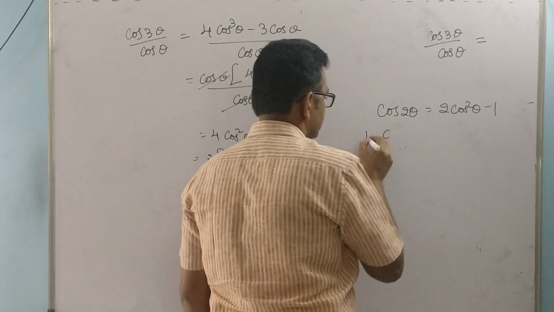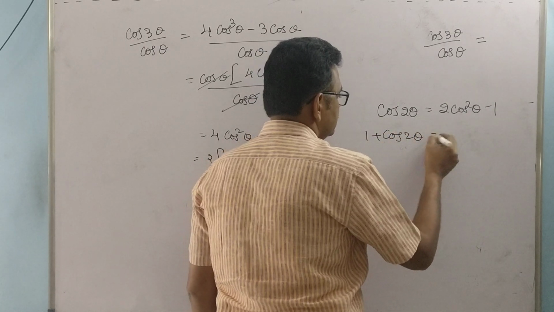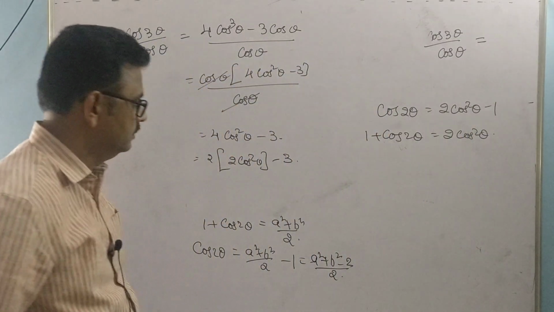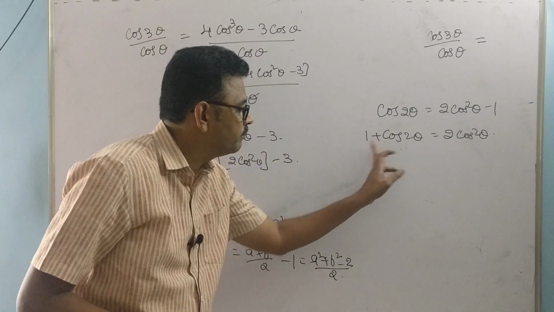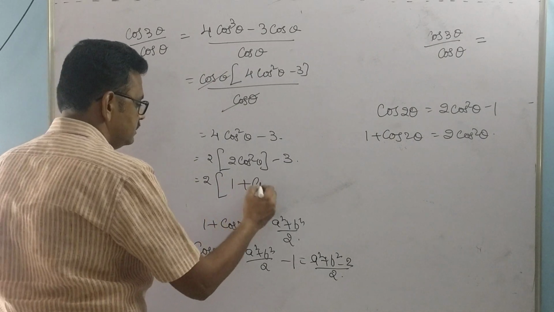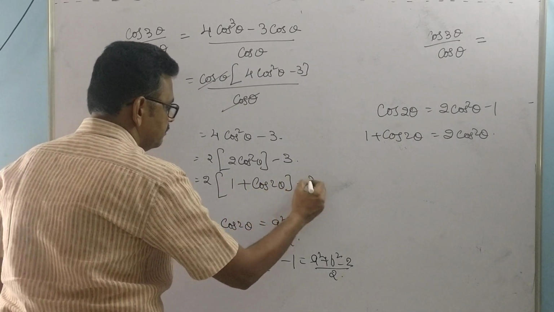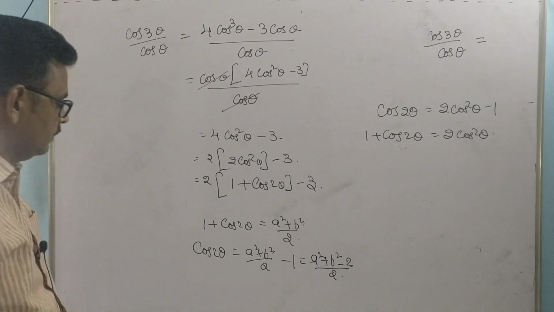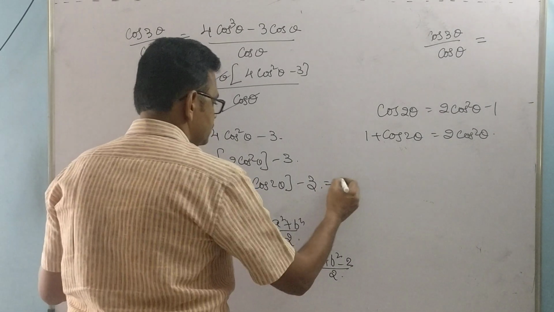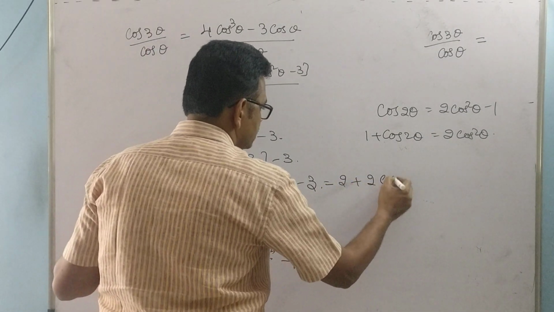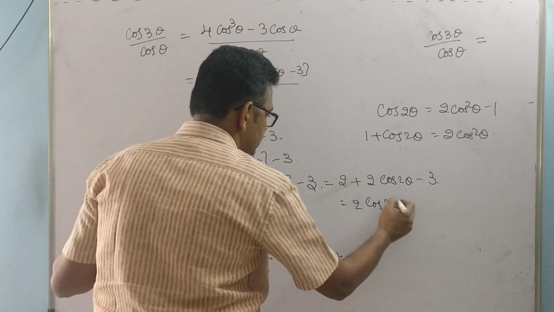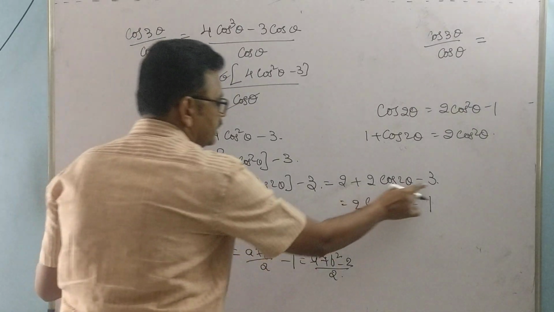So, taking this side, 1 plus cos 2 theta is equal to 2 cos square theta. So 2 cos square theta is 1 plus cos 2 theta, that is equal to 2 times (1 plus cos 2 theta) minus 3. So that is 2 plus 2 cos 2 theta minus 3, that is 2 cos 2 theta minus 1, since 2 minus 3 is minus 1.